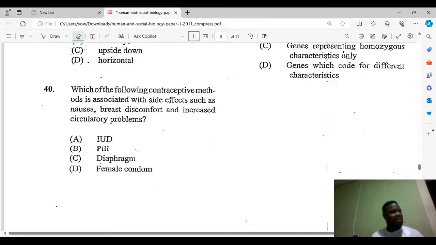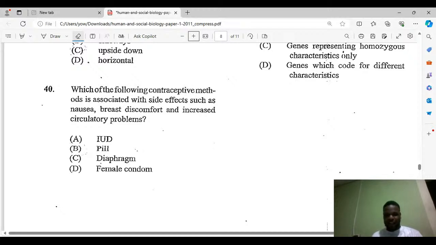Has to be. Brilliant. The pill has the most side effects ever. Too many side effects, and a whole heap of them. So it's D.